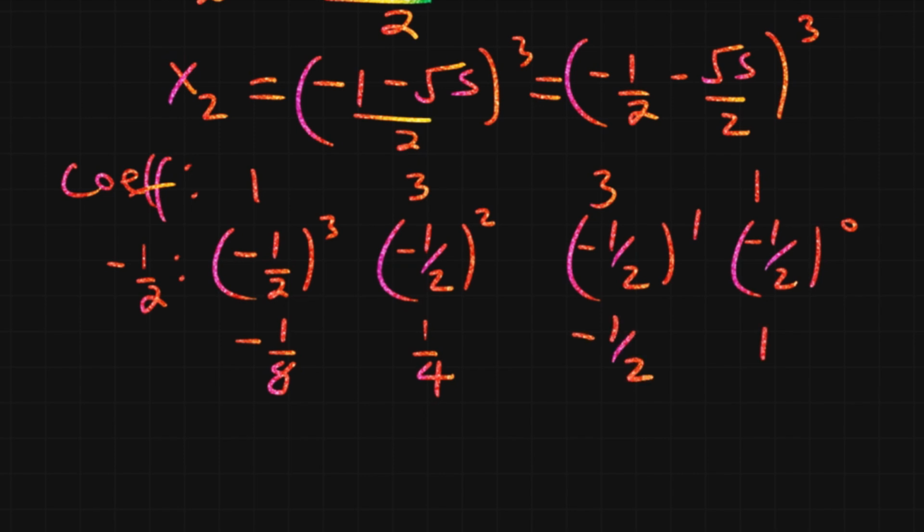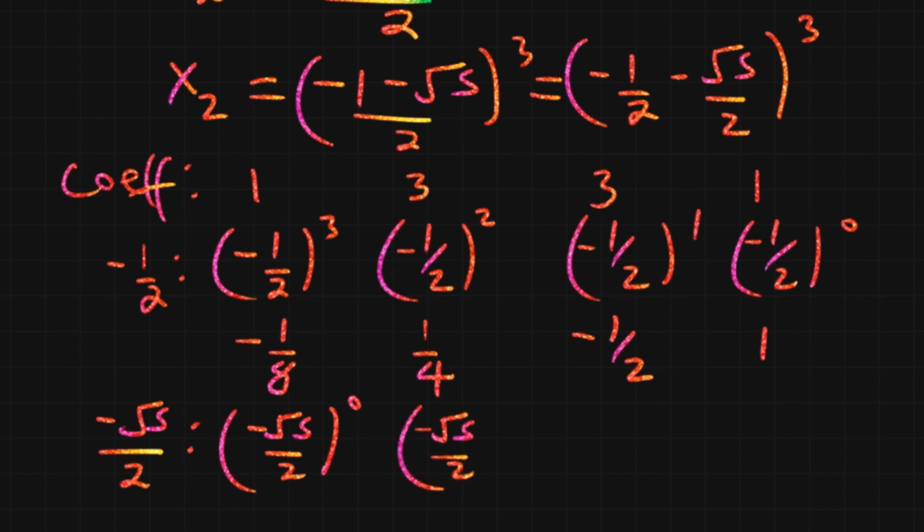So the next thing is to look at how the powers of b will change across this expansion. So b in this case is minus root 5 over 2. So at first it will have a power 0. So we have minus root 5 over 2 raised to power 0. Then we have minus root 5 over 2 raised to power 1. Then minus root 5 over 2 raised to power 2.